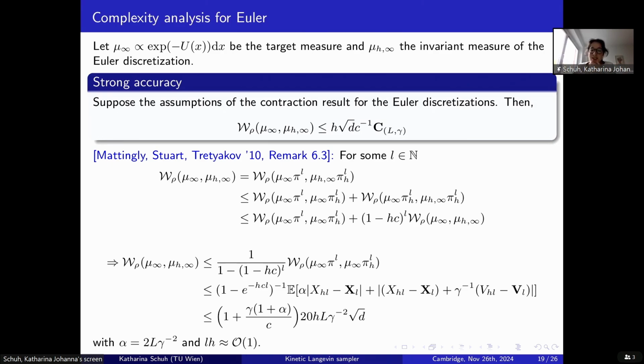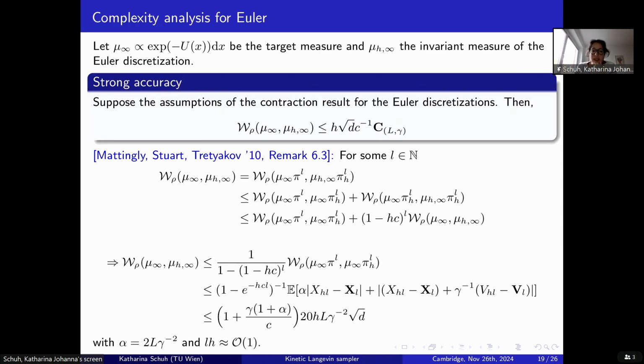And here the distance rho, I now upper bounded by this following expression, and this is nothing else but bounding this error of doing either L steps of the continuous dynamics of the right length, H times L, or running the continuous dynamics for time H times L, or doing L steps of the Euler discretization. And this can be bounded by H times square root of D times some constant.